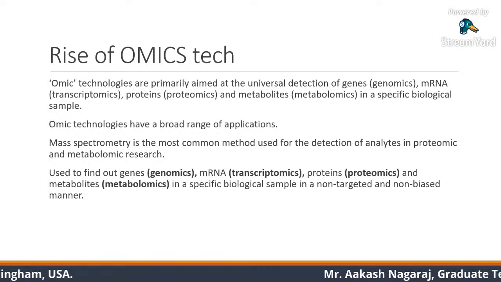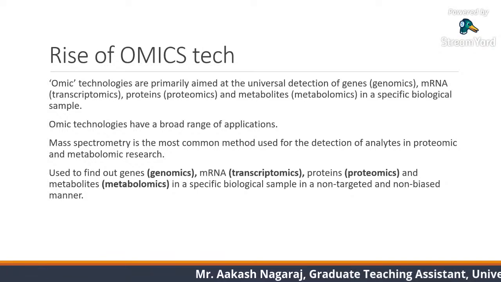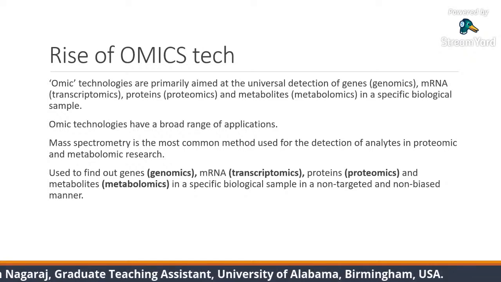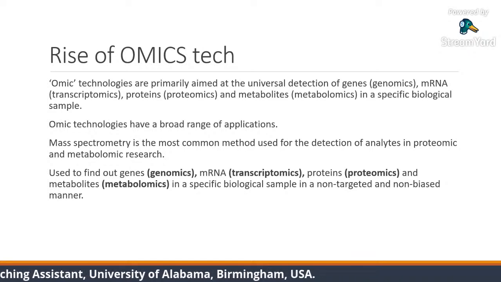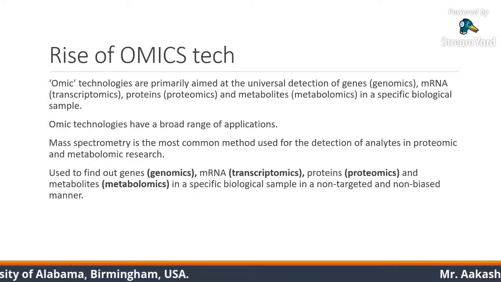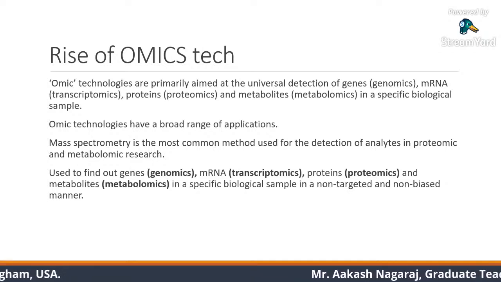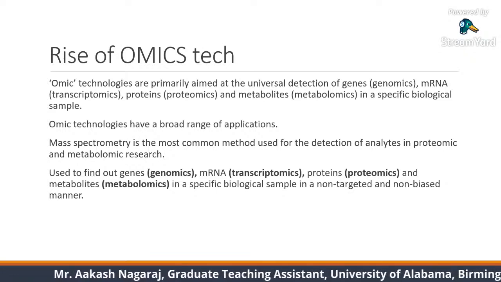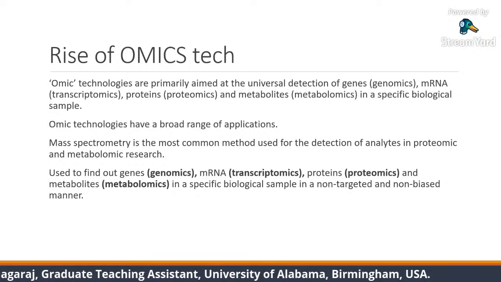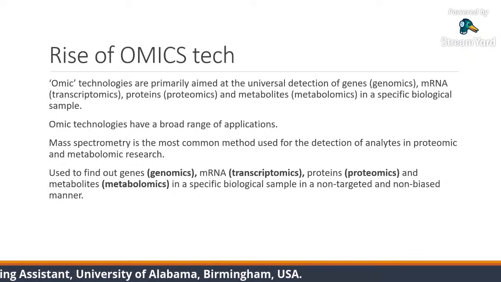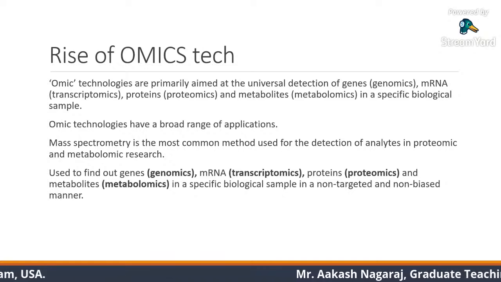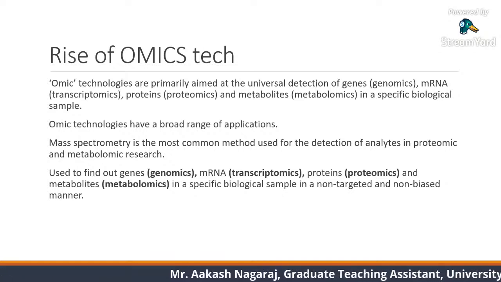We can also sequence messenger RNA, the proteins produced by the cell, and the metabolites. Sequencing mRNA is known as transcriptomics, proteins is proteomics, and metabolites is metabolomics. These are the four main omics technologies, and they have a very broad range of applications.